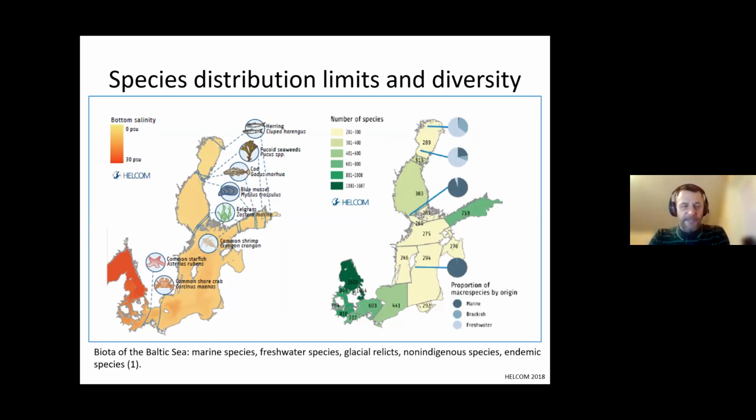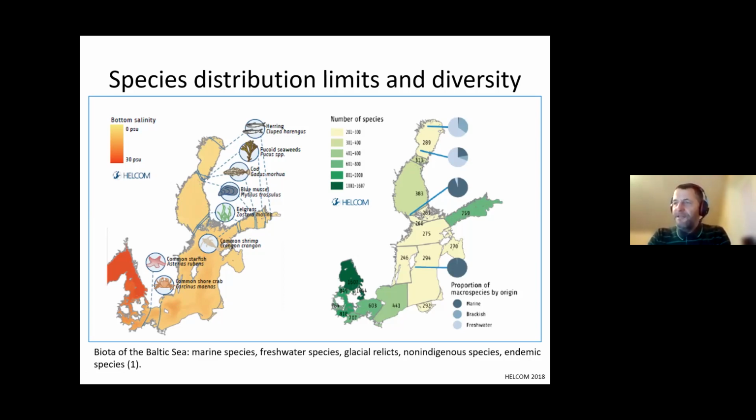Explicitly tied to the salinity conditions, different species have different distribution ranges. If we look at the oceans and fully marine conditions, on the left-hand side panel, sea stars and crabs are common constituents of marine biota.